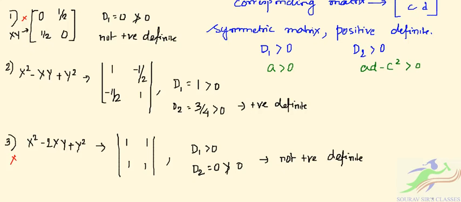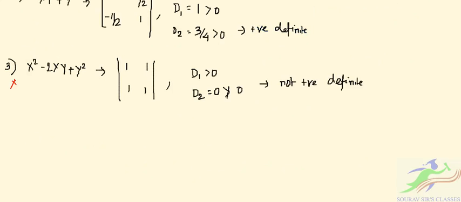The last option, x square plus xy, option 4, has the matrix representation (1, half; half, 0).